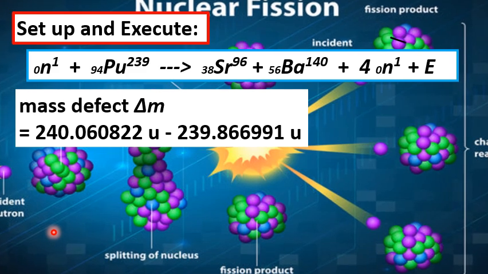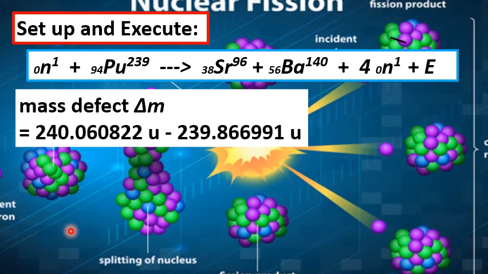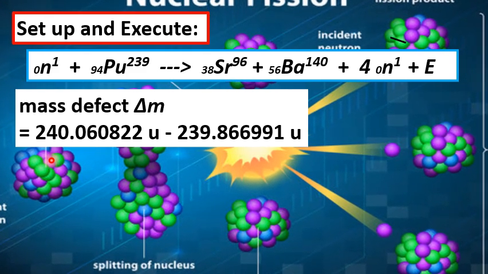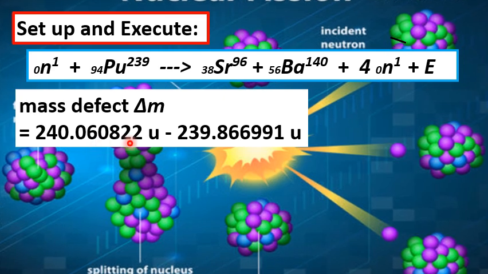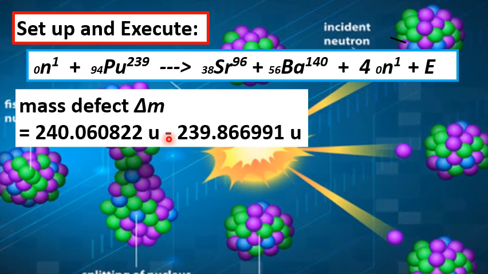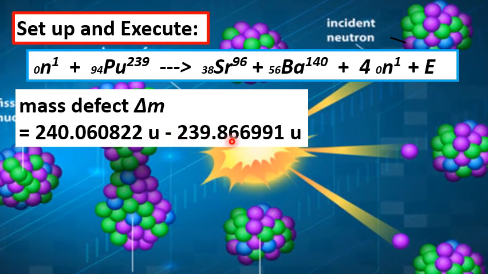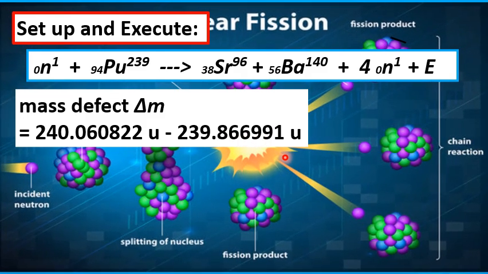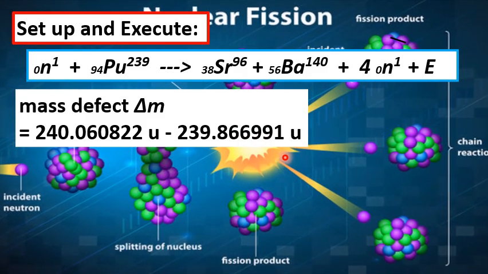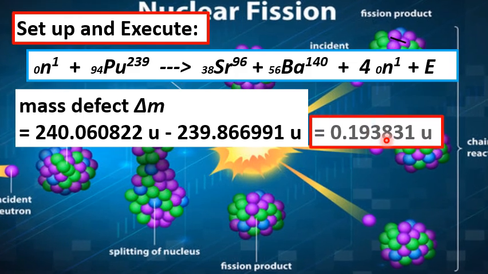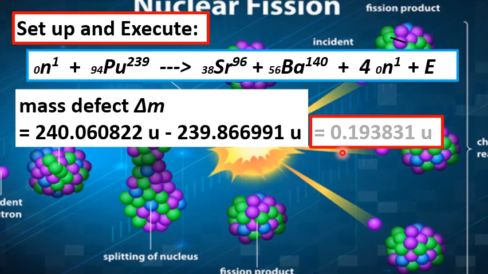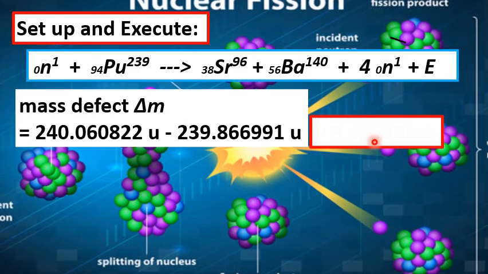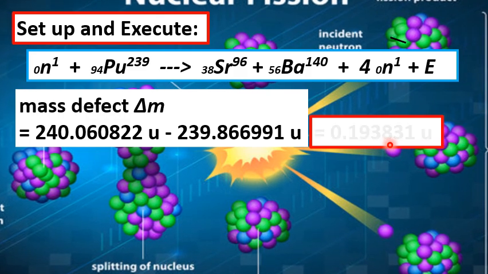The mass defect delta M is therefore equal to 240.060822 atomic mass unit minus 239.866991 atomic mass unit. That is, delta M equals 0.193831 atomic mass unit.